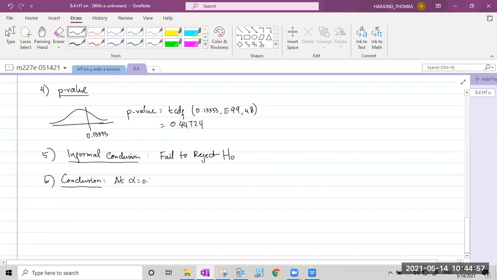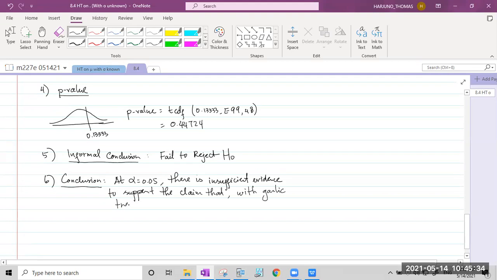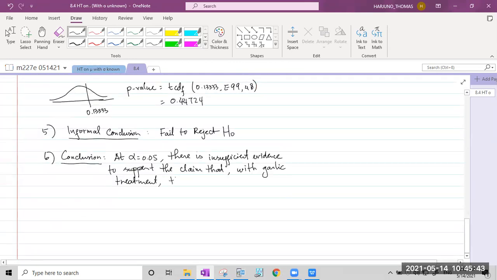At alpha equals 0.05, there is insufficient evidence to support the claim that with garlic treatment, the mean change in LDL cholesterol is greater than 0.